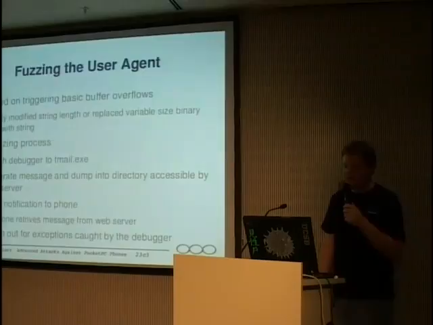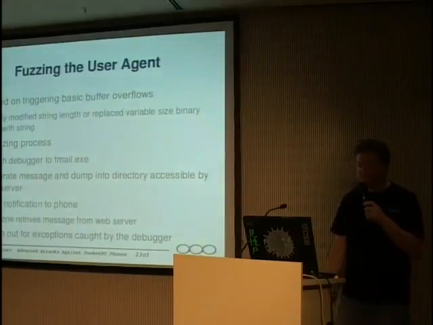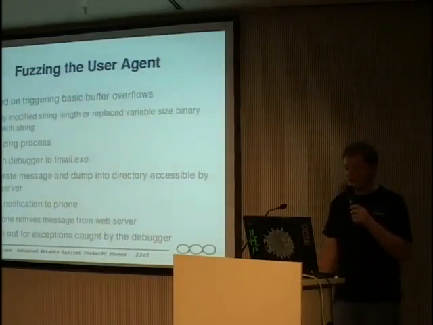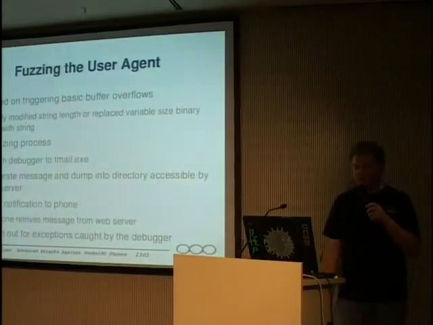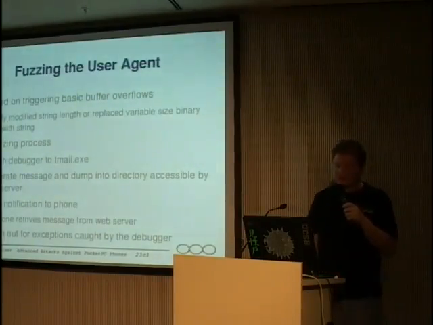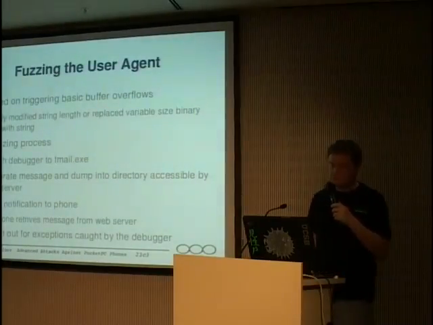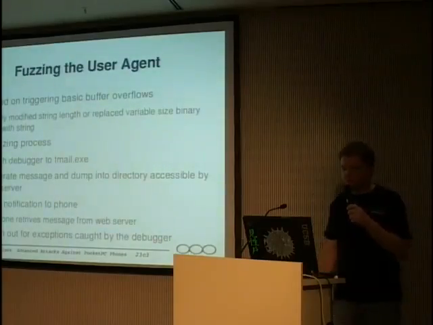I did some very brain-dead, very stupid fuzzing. I just looked for basic buffer overflows because I'm lazy and I don't want to do string format stuff. So basically, variable length field: just put a very long string in there. That was almost everything I could find which is variable length.